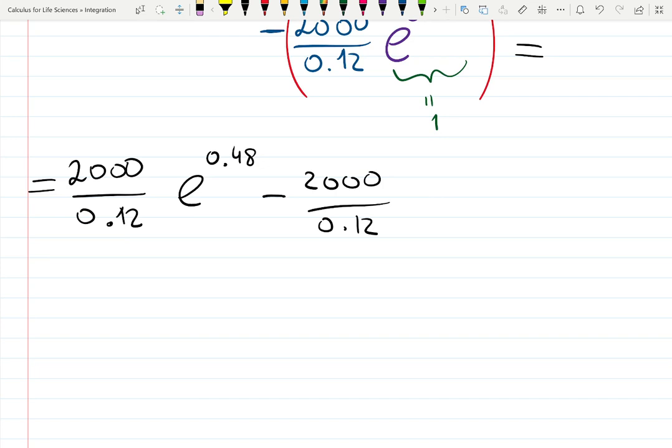I would factor out this awkward number, and the way usually in the literature they show it this way. What is 2000 over 0.12? Can anyone calculate? And then people factor out this number. What is 2000 over 0.12? Anyone? Yes.